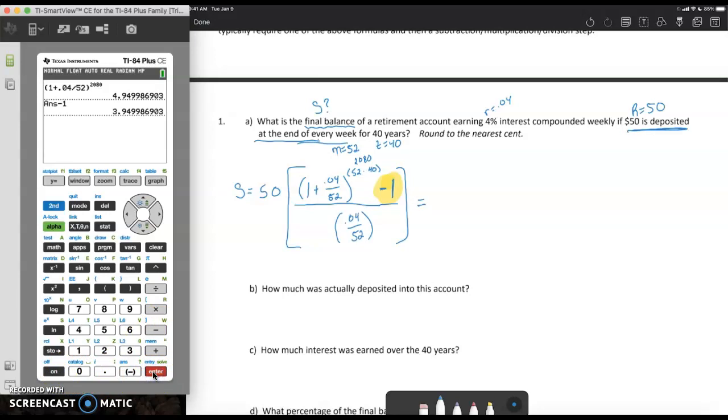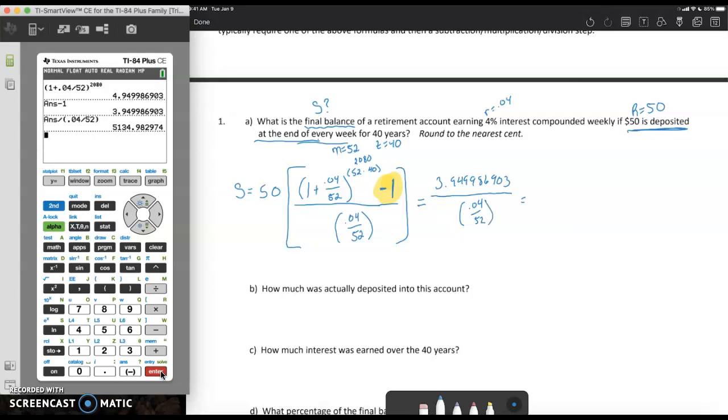It can be nice right there at that point to, it's going to be a rounded off answer, but sometimes it's a good place to write something down to look back on later if you need to redo the problem. And then we're going to divide by, make sure you put this in parentheses, divide by 0.04 over 52. So that it divides by all of that. So I did all that part in my calculator.